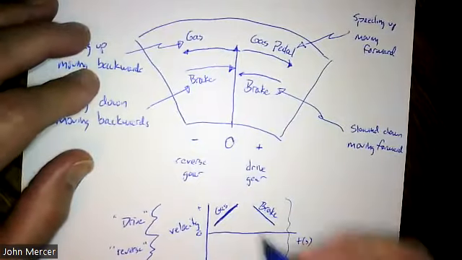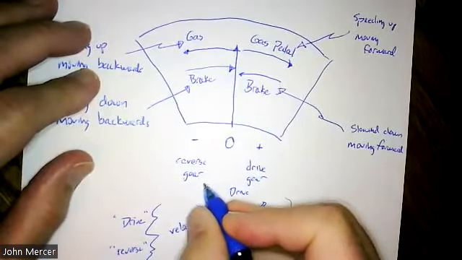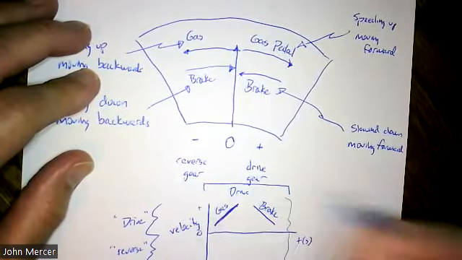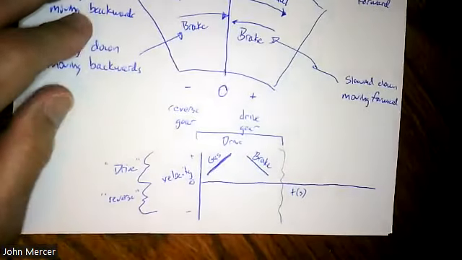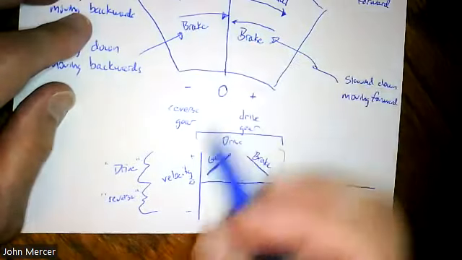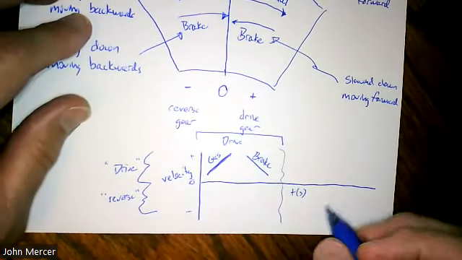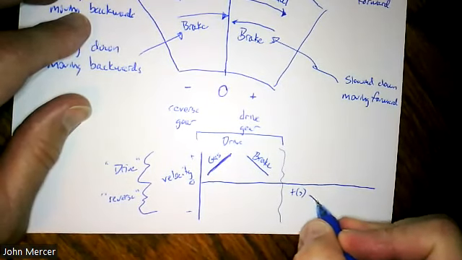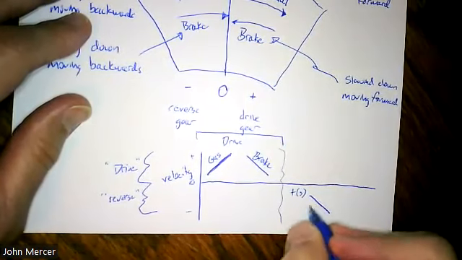What's that look like over here? This is my drive situation here. And now I'm going to be in reverse. So I'll continue this out. Well, I'm starting at 0 and I'm getting faster going backwards. Remember, all the negative velocities are telling us we're in reverse gear. So now I'm going to have a situation that looks like this. And which pedal am I stepping on?